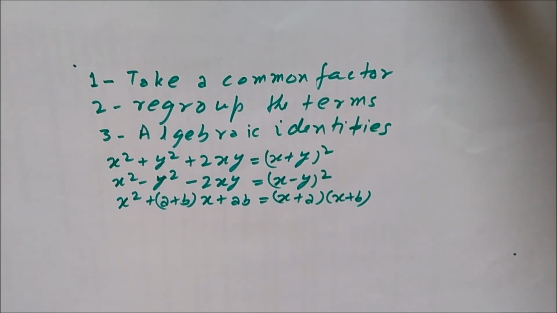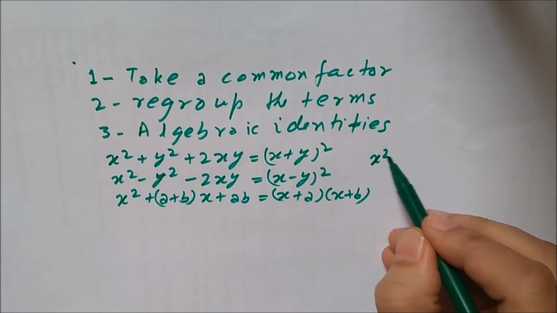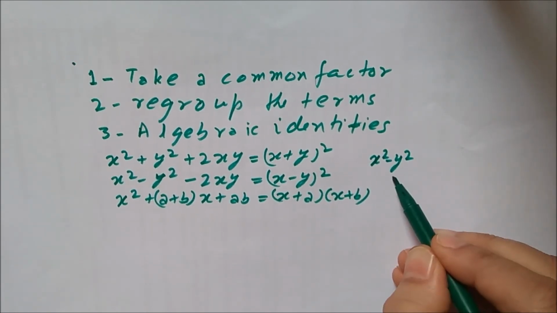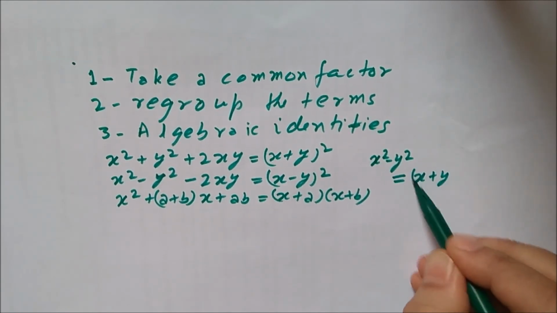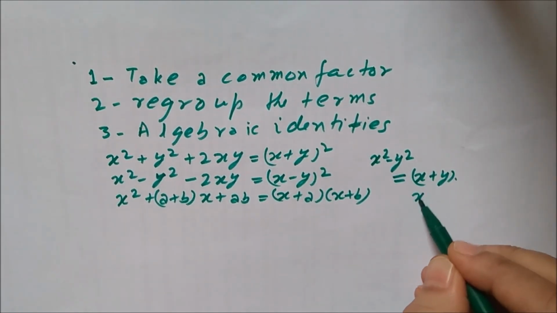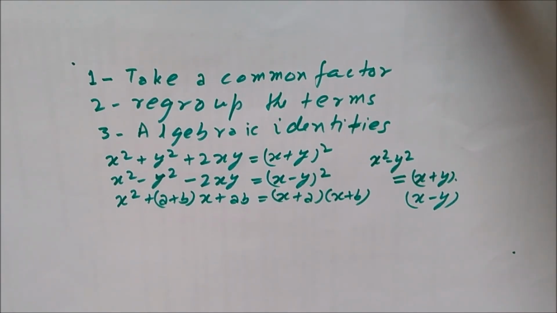And also we can use this algebraic identity, that is x square minus y square is equal to (x plus y) into (x minus y). So this is how we can carry out systematically the factorization of algebraic expressions.